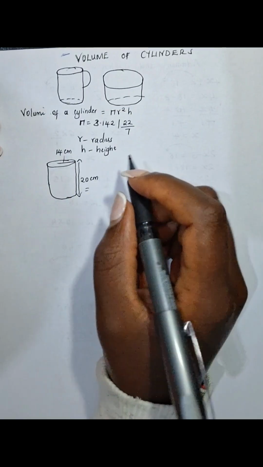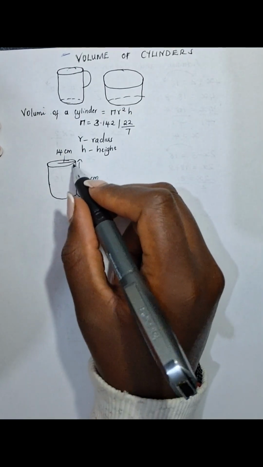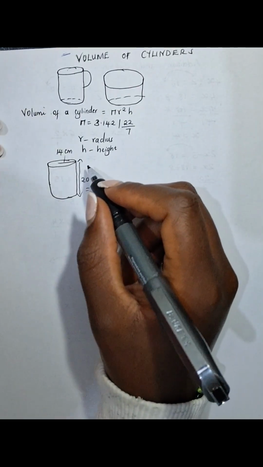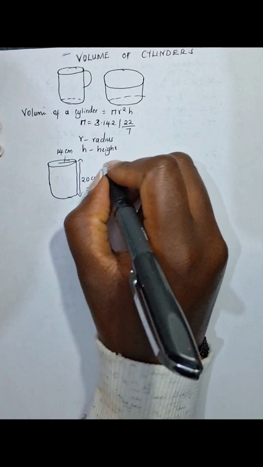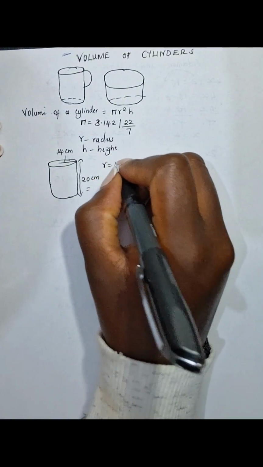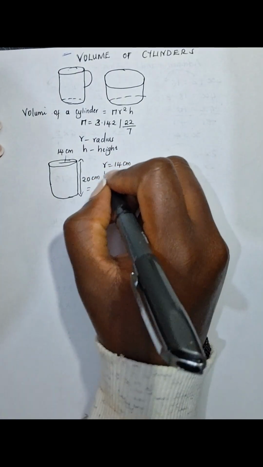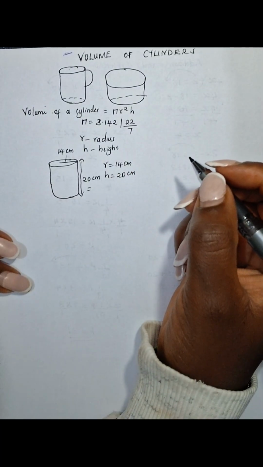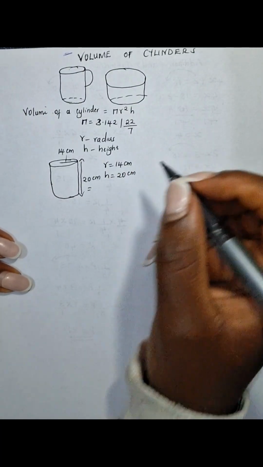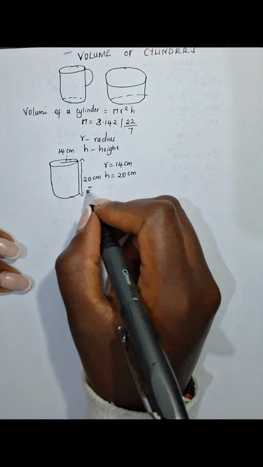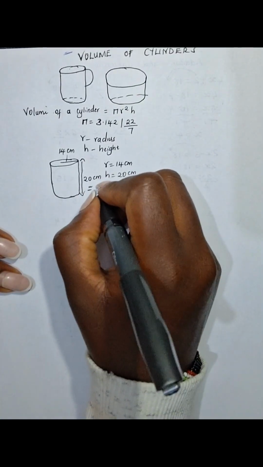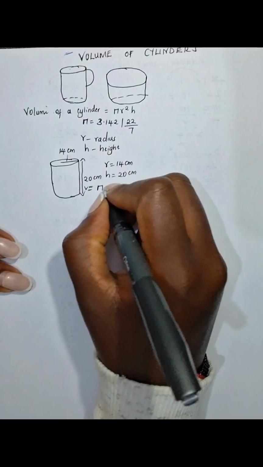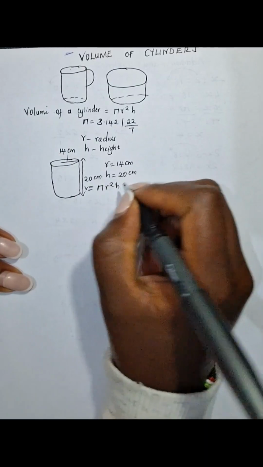Maybe the question is written, find the volume of this cylinder. You can see very well that the radius is 14 centimeters and the height is 20 centimeters, okay? So, if you are given this sum, you just say that the volume V is pi r squared height.